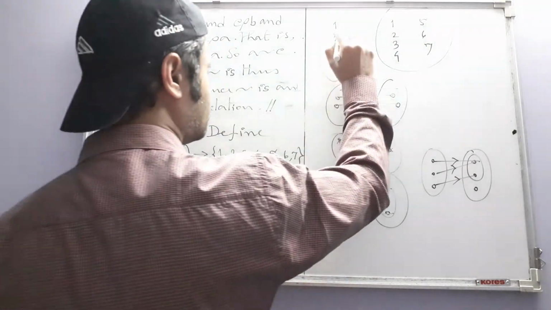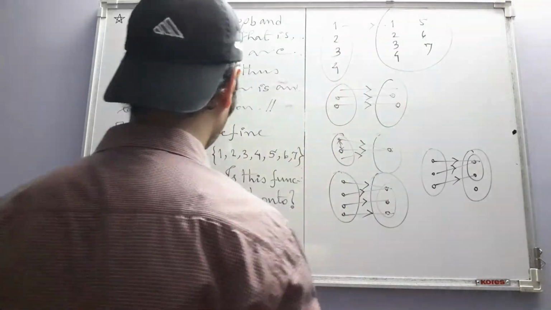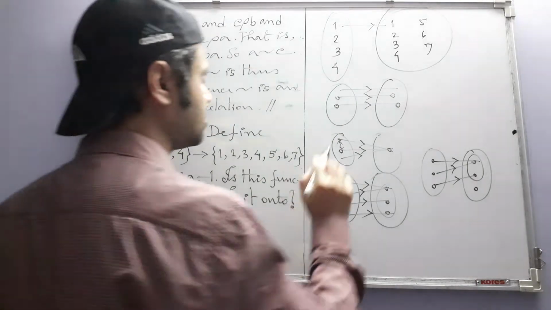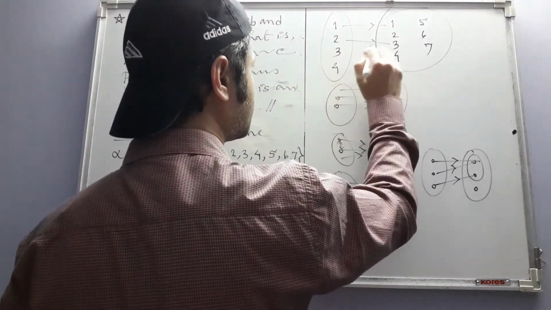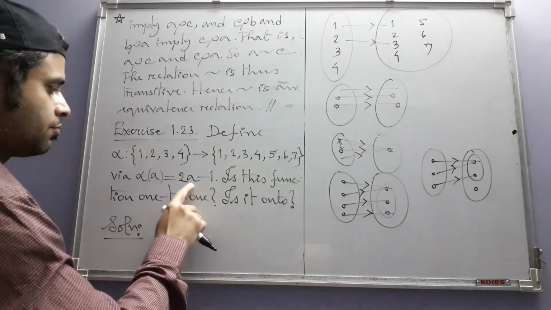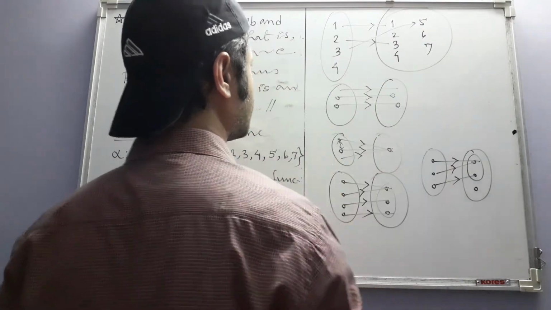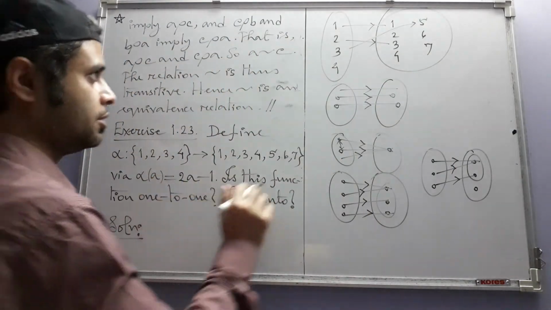So the image of 1 is 1. The image of 2 is 2 times 2, 4 minus 1, which is 3. The image of 3 is 5. And the image of 4 is 7.